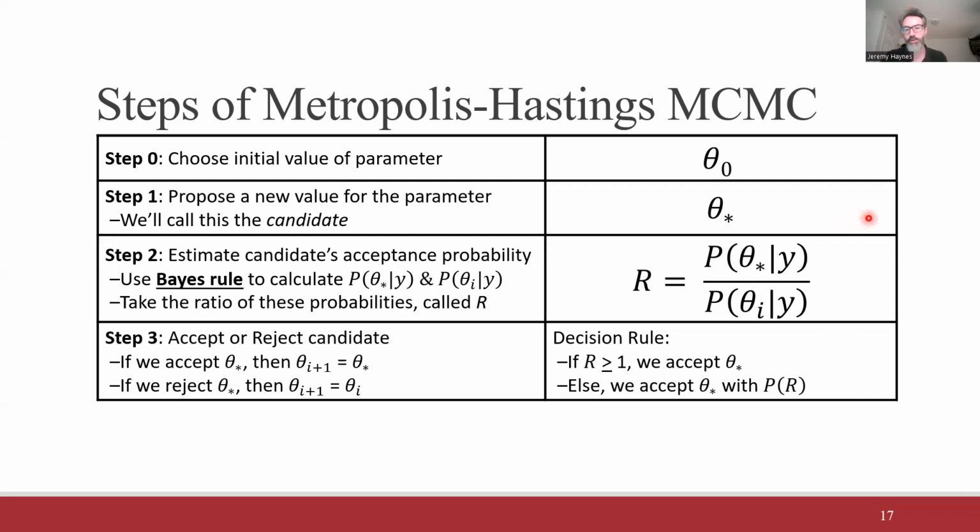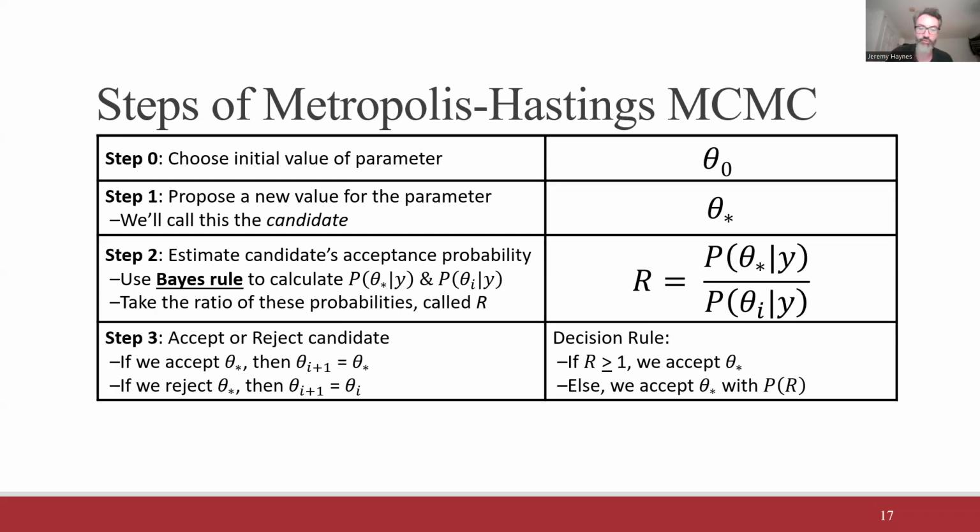And now it might seem weird that if we don't accept the candidate, why don't we just reject it and simply retain the previous parameter value, so theta i. The problem with rejecting it just outright is that we actually won't sample from the tails of our posterior distributions.